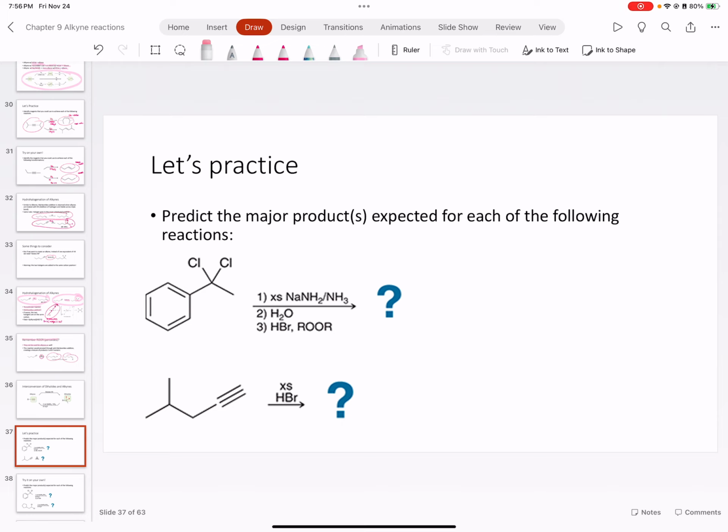So then let's practice. Okay, so like we said, things like Na, NH2, NH3, this one is a strong base, it's gonna take protons from it. It's gonna take protons away, so here you have hydrogen, hydrogen, hydrogen.